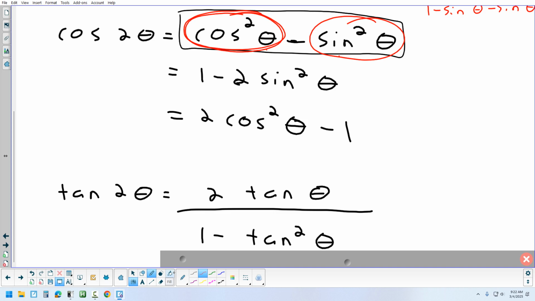So what would this do? Well, the double angle formulas basically give you more options. They give you different ways to figure things out if you get stuck using a sum or difference identity, or there's something you can't remember how to do.